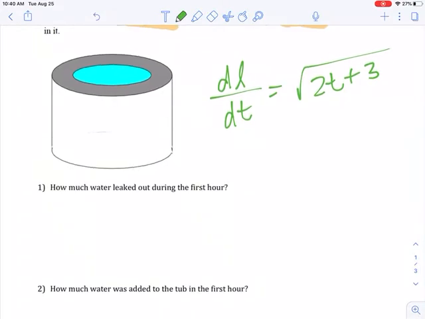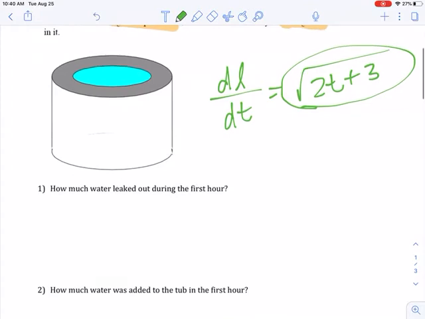So the derivative of the leak is radical 2t plus 3. All right, so how much water has leaked out during the first hour? So this is the rate at which we're losing water, and it is in gallons per minute. So how would we determine the amount of water that leaked out during the first hour?